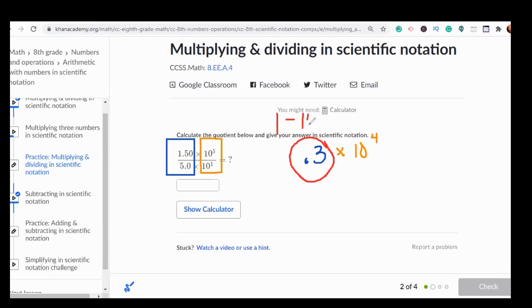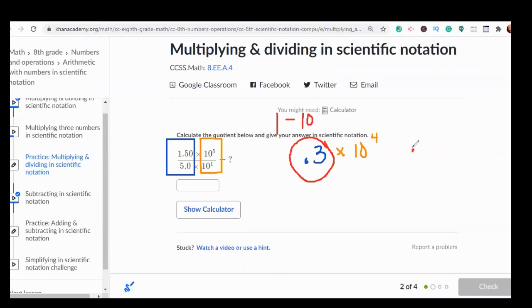This is not. 0.3 is not between 1 and 10. So I advise us to take it all the way back to standard form and then place it in the right scientific notation. Okay, so this is all a good practice of taking numbers back and forth between standard and scientific so that we can get this right.